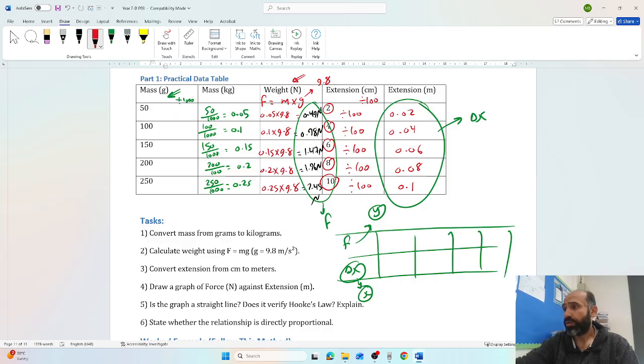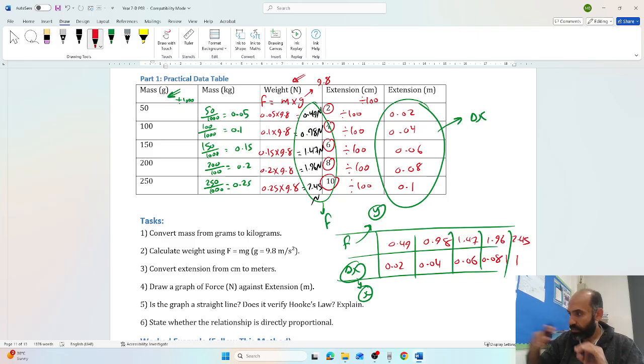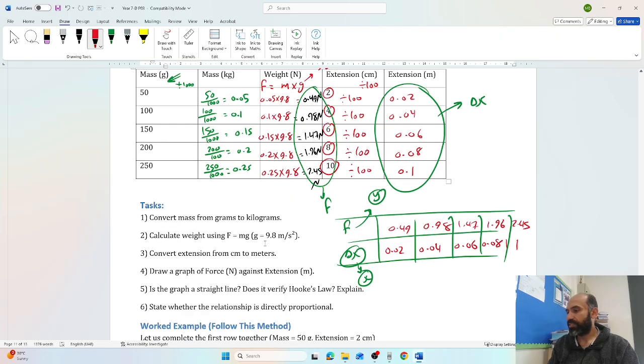So for extension, we have 0.02, 0.04, 0.06, 0.08, and 0.1. And for the force, we have 0.49 Newton, 0.98, 1.47, 1.96, and finally 2.45. These are the only two variables that we are interested in.